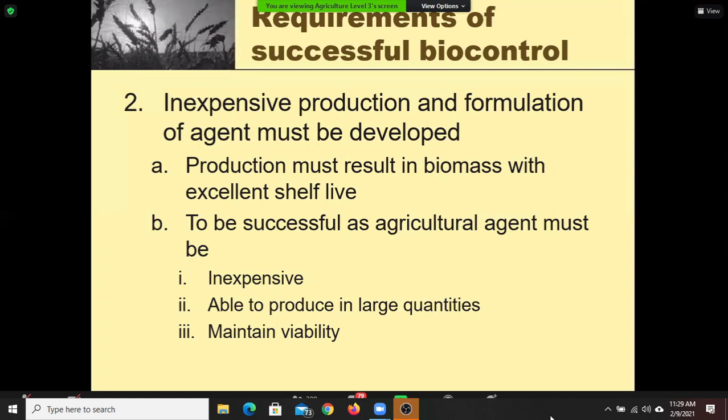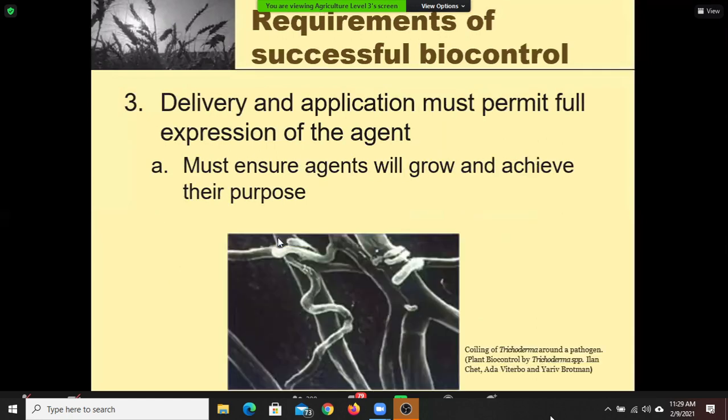If, let's say, the biocontrol agents survive during production, transportation, or storage, but don't survive after application in the field, and immediately after application they become dead, then those biocontrol agents will not be effective to control the harmful microorganism. Okay? So it should have a high storage life, high shelf life.